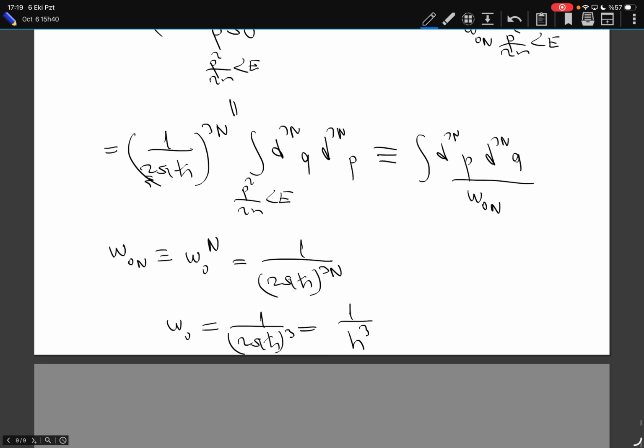Each state in classical phase space can only be localized to a volume in phase space of 1 over h. Every point doesn't correspond to a state, but every volume of h to the power 3n corresponds to one state in 3n dimensional phase space. You can repeat also this for the harmonic oscillator, for example.